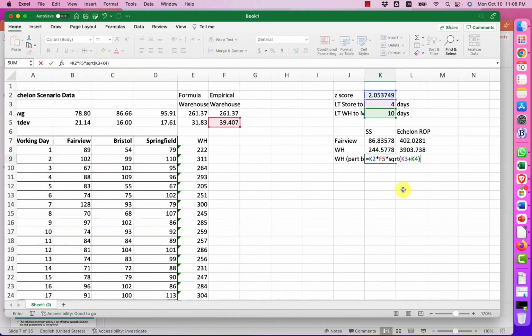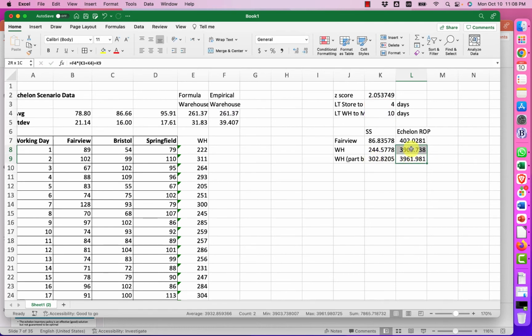So this is our safety stock calculation. Then to get our reorder point, we take the daily demand, which has not changed, from the total column, times the lead time, plus the safety stock.